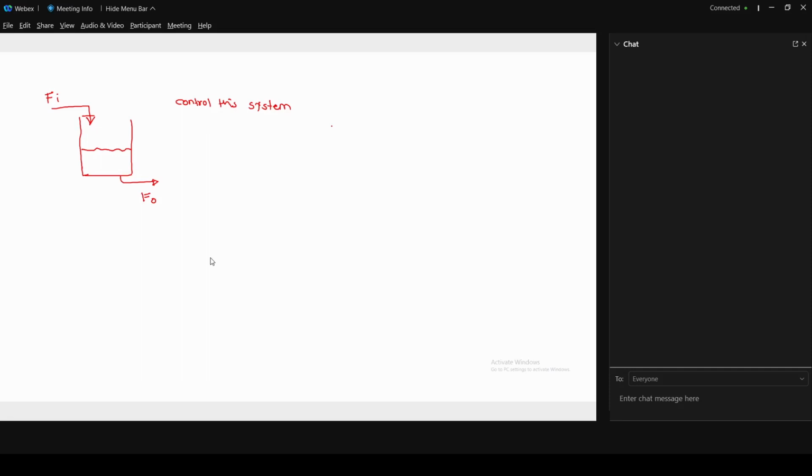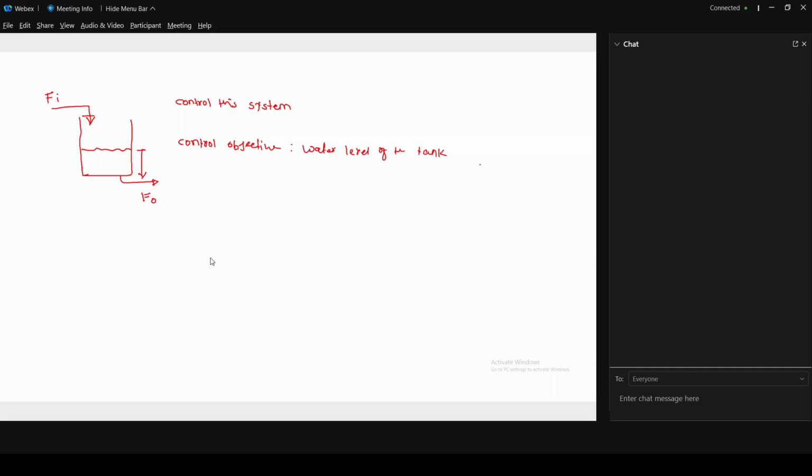The height of the tank, the height of the water content. So you mean to say this level. Agree? So my control objective is the water level of the tank.